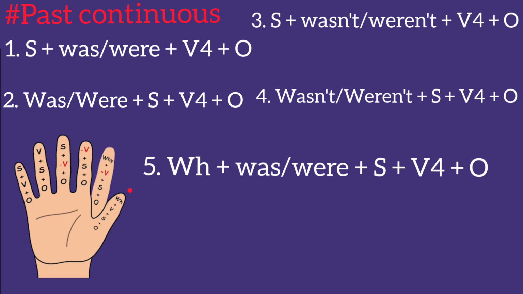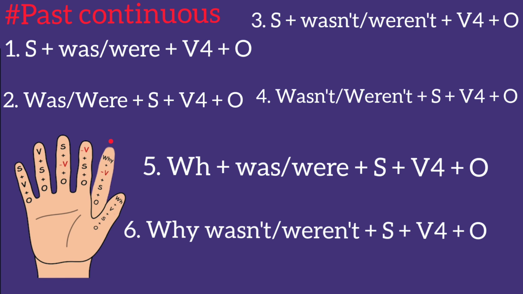WH plus was, were plus subject plus V4 plus object. Why wasn't, why weren't plus subject plus V4 plus object. Let us make the sentences using this formula.